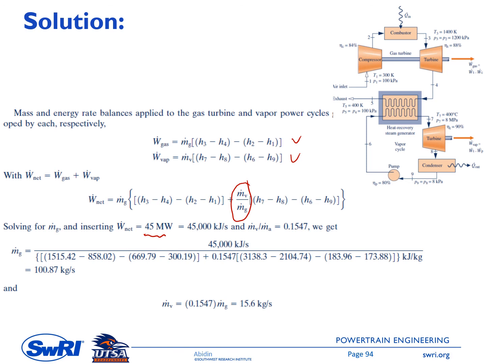By substituting the numbers here, we should be able to get the mass flow rate of the air. It is 100.87 kilogram per second. Then, knowing the ratio between m dot v and m dot g, we should be able to get m dot v here, so 15.6 kilogram per second.